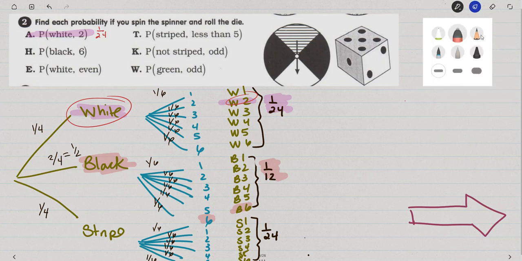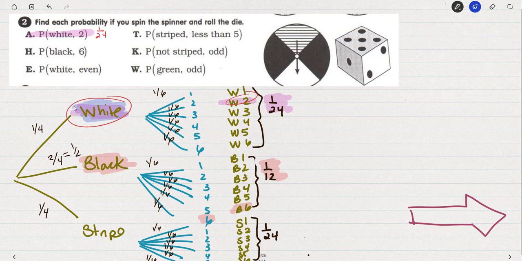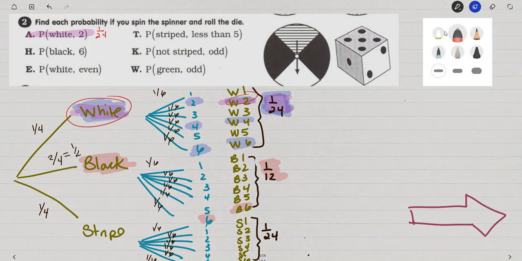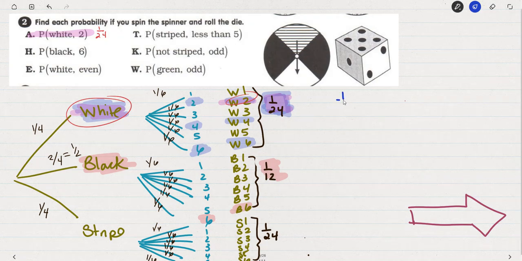The white, and then even, it's a 2, 4, or 6. Do you see that we're getting this 1 over 24, but we're getting it 3 times? So what we'll have to do for this one is say that all three of these would work.